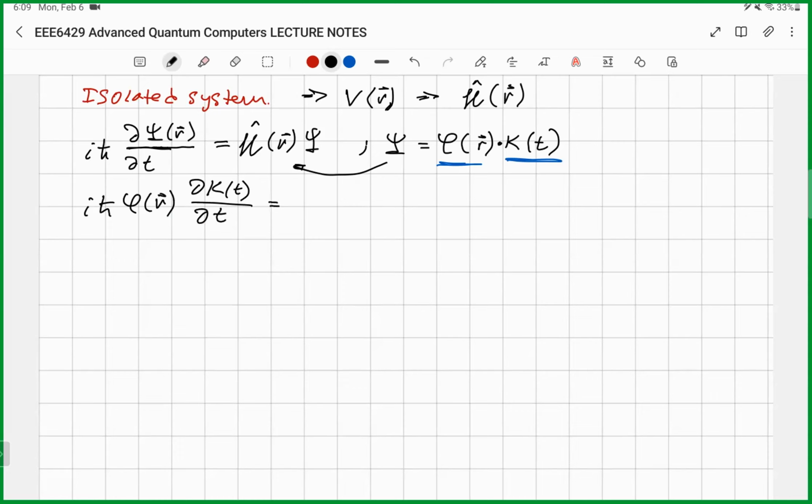And here the Hamiltonian depends on r only. That means that the function kappa that depends on t can be taken out from this operator, and I can write kappa of t, then Hamiltonian, and phi of r.